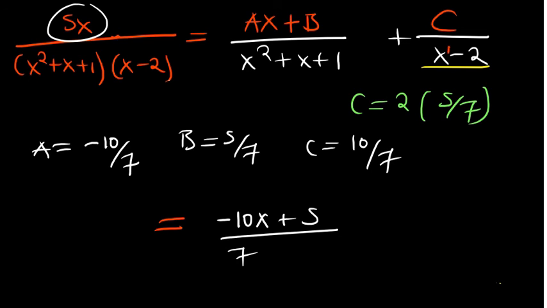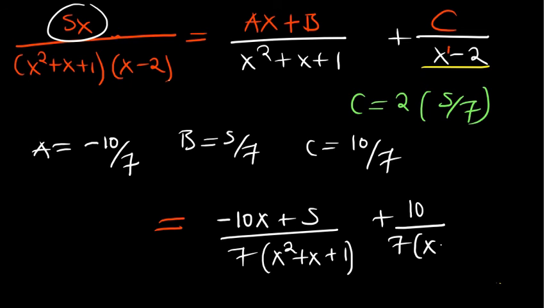So 7, and then 7x squared plus x plus 1, and then our c is 10 over 7 as well, so x minus 2.